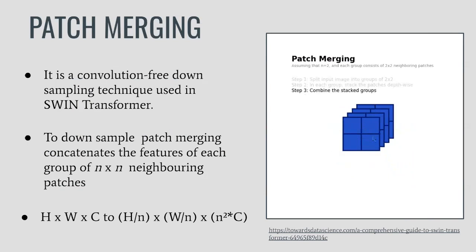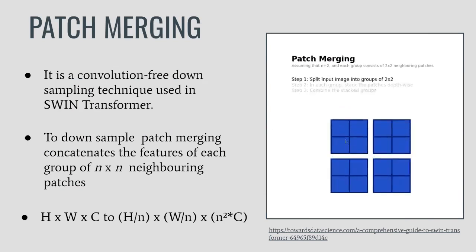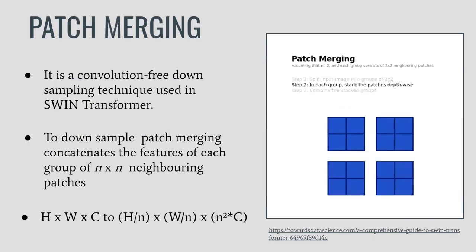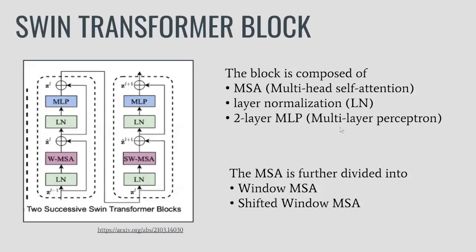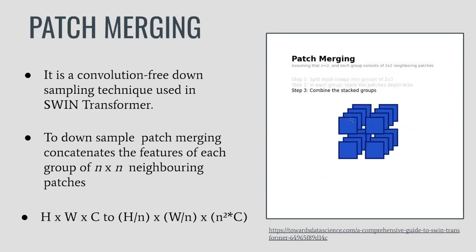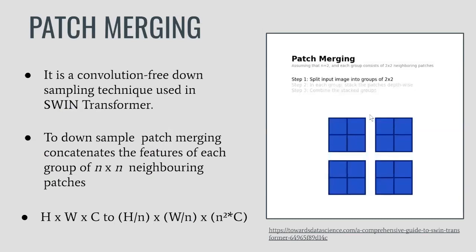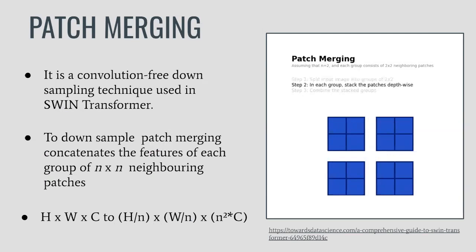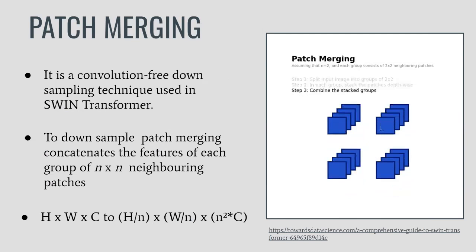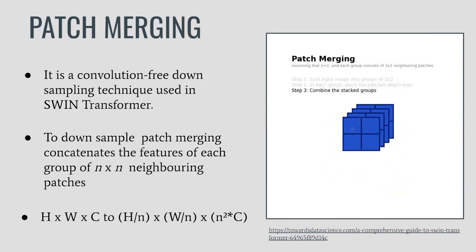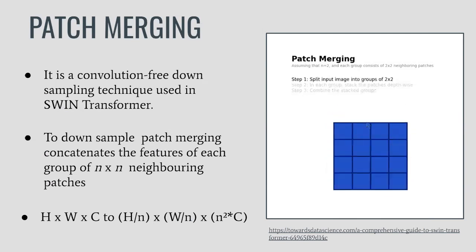patch merging groups each n cross n neighboring patches and concatenates them depth-wise. As you can see over here, these are getting concatenated depth-wise. This effectively downsamples the input by a factor of n.